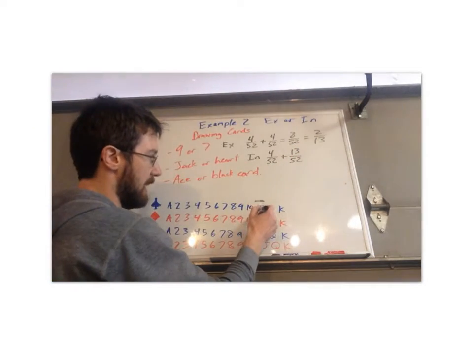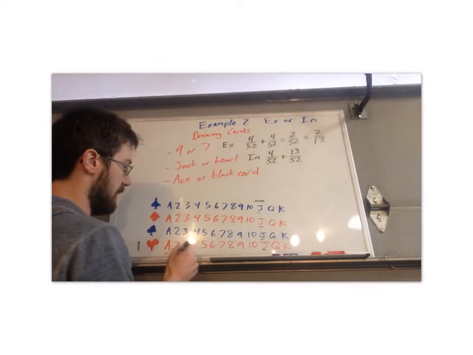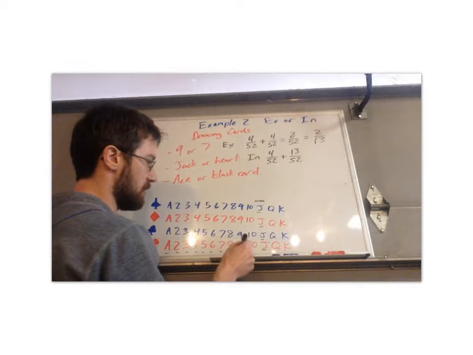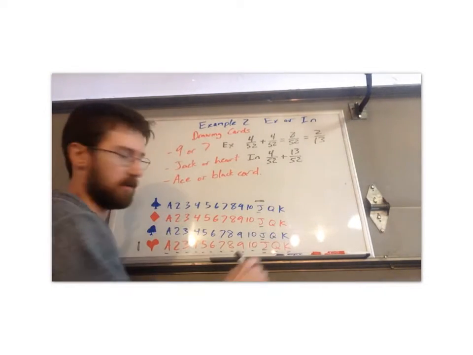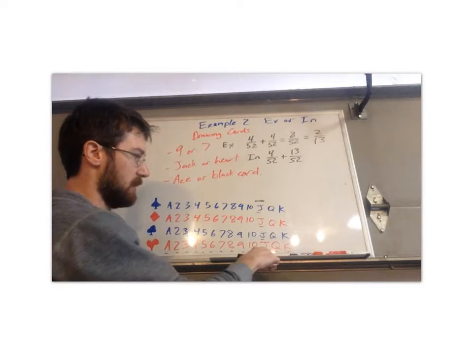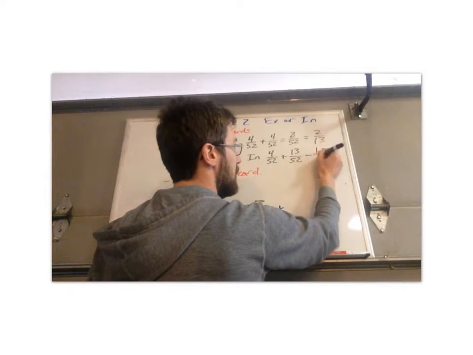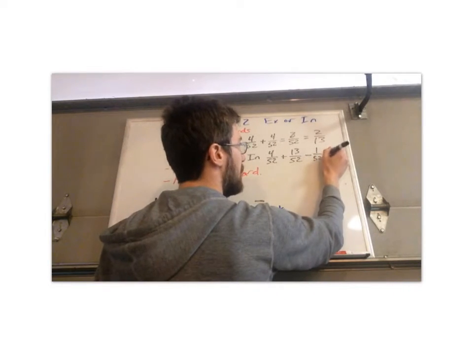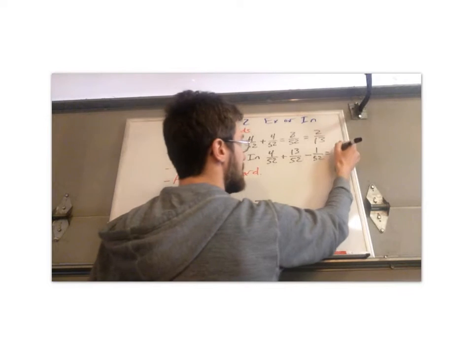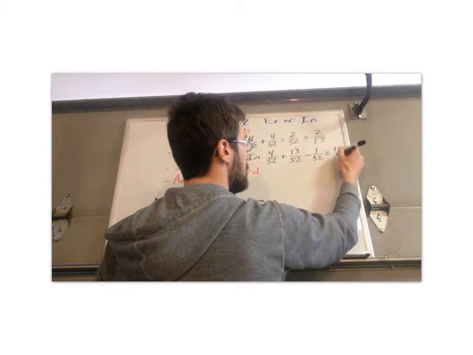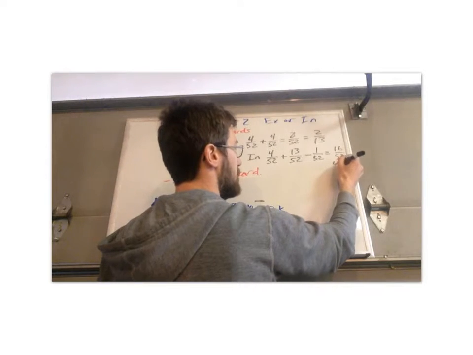Well, now we've added all of these Jacks, and then we've added all of these hearts, the 13 hearts, and we added that Jack twice. I don't know if you can see the extra little line that I put under it. So I need to subtract out that extra Jack, which 4 plus 13 minus 1, that's 16 out of 52. And that would reduce to 4 out of 13.